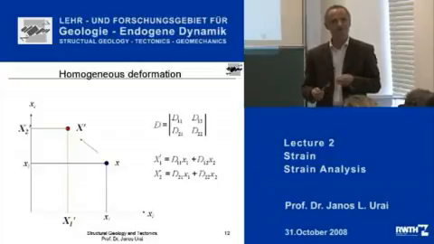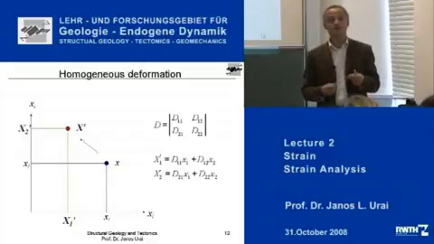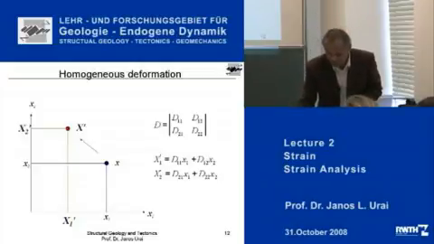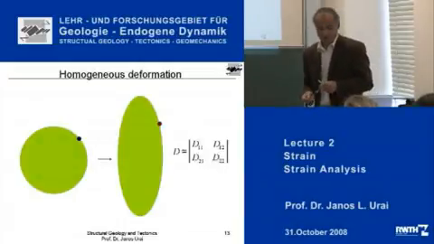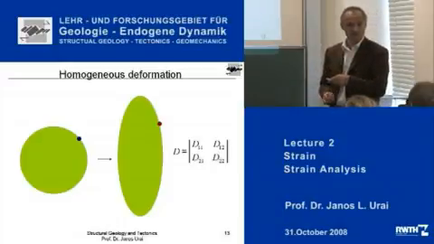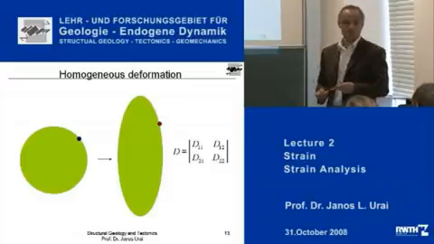So I have now shown you how to transform this point to there, but I can of course transform 1,000,000 points and then give you the new object. For example, if I take a circle and I transform all the points on the circle, then I get an ellipse.